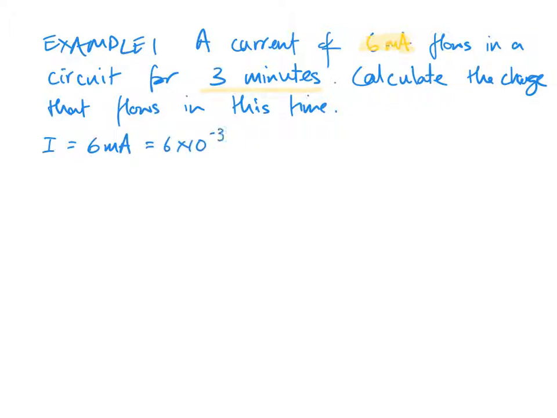Now, milliamps is quite a common unit of current, so you'll probably come across that conversion quite often. Milli, remember, is 10 to the minus 3. The time is 3 minutes. That needs to be converted to seconds as well.